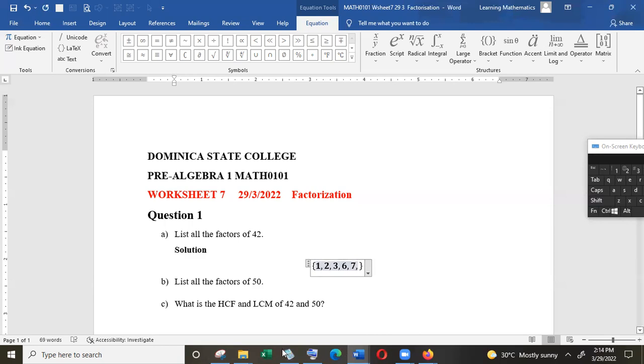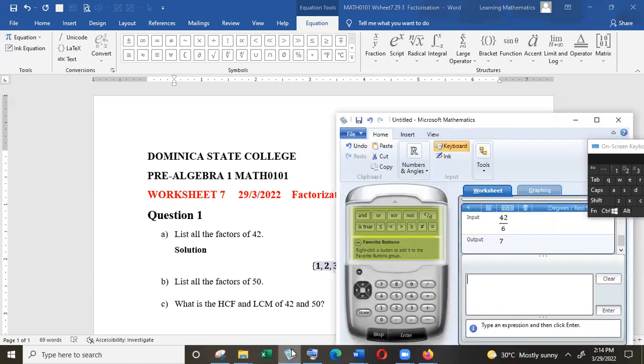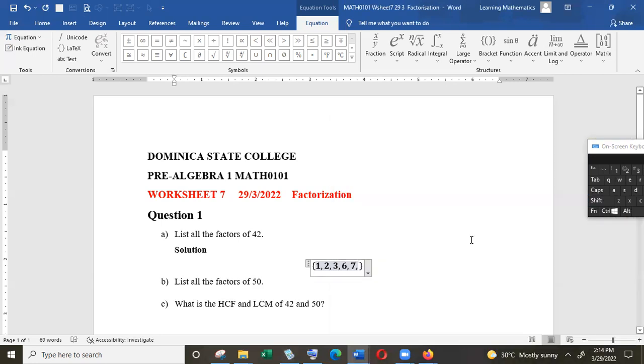What about 8? 8 is a factor of 40, and it doesn't give 42. What about 9?